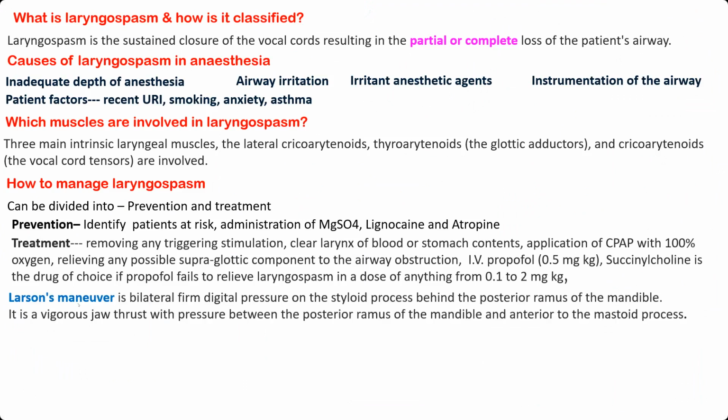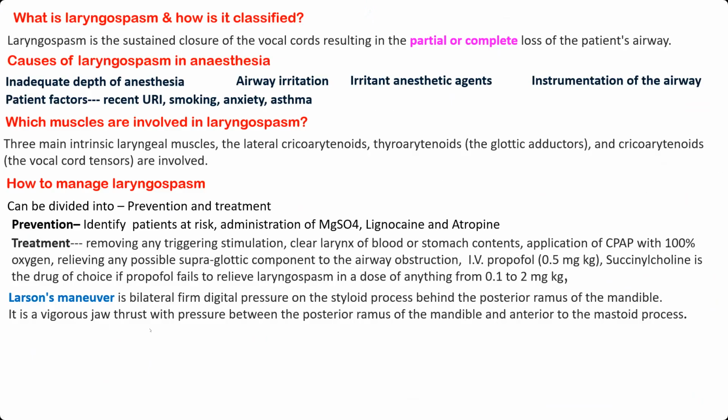And Larson's maneuver has been described, but the efficacy of that has been questioned in various journals and textbooks. But you have to mention this in your answer in the examination, which is a bilateral firm digital pressure on the styloid process behind the posterior ramus of the mandible.